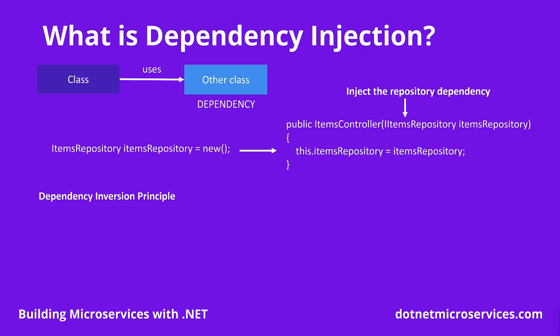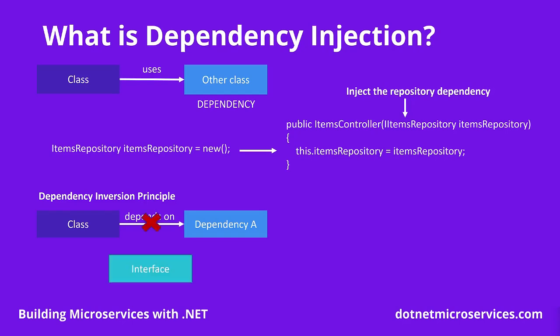Let's bring again our class and one of its dependencies, dependency A. Currently, the class depends directly on dependency A. However, we can change this so that the class instead depends on an abstraction, which in the case of C# is an interface. And then we can have the dependency depend on or implement the interface.